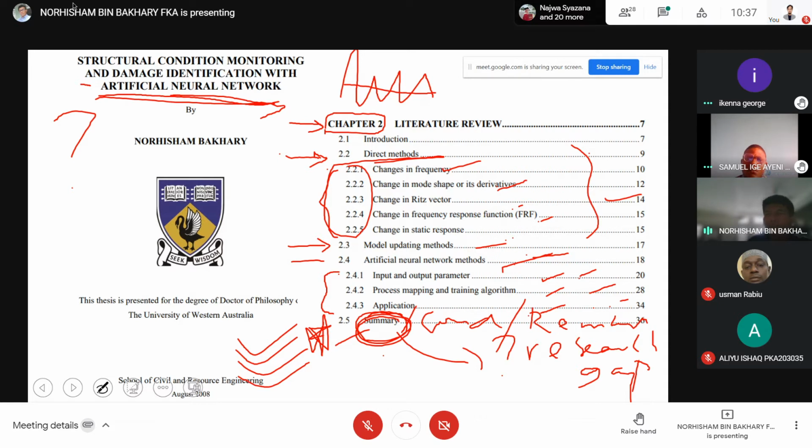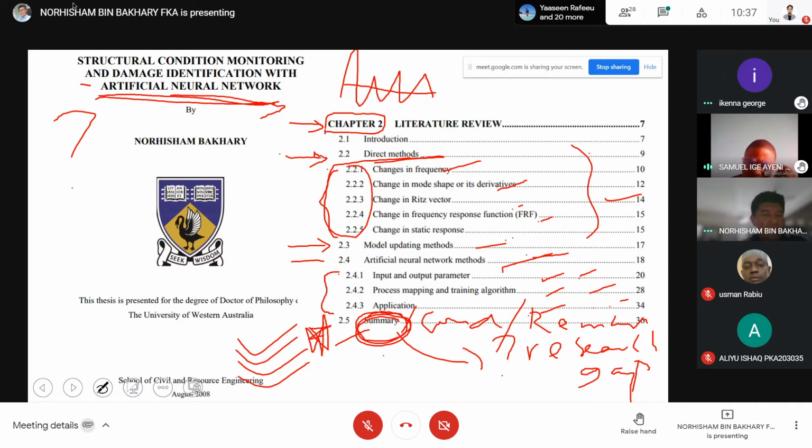You cannot just simply say that other parts of the world have established the methods but in Nigeria nobody uses it. That is not a research gap. But that can be a research gap if you are able to prove the problem that Nigeria faces to get the data, for example. All right, okay, thank you, Doctor. Well done.